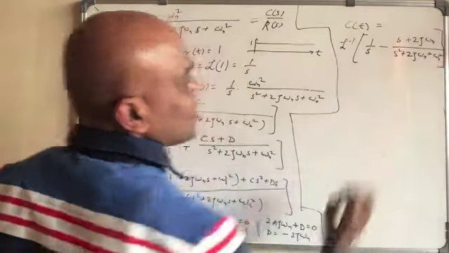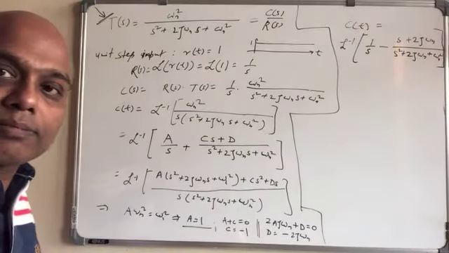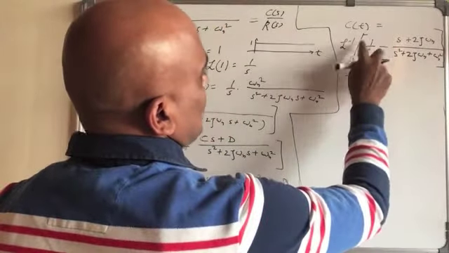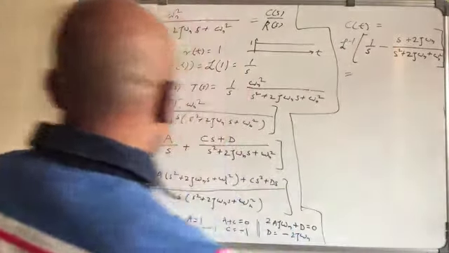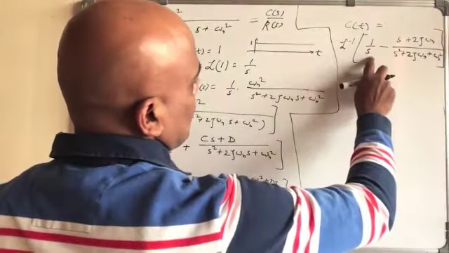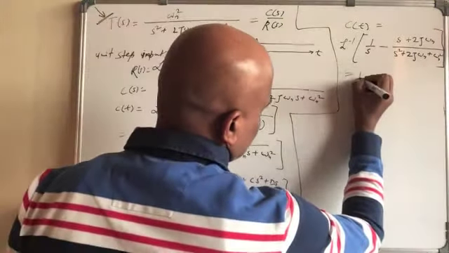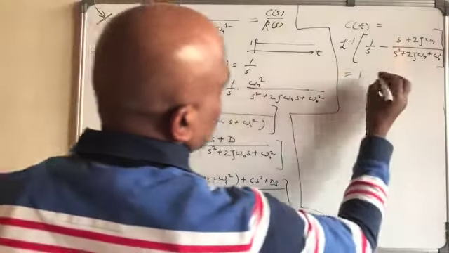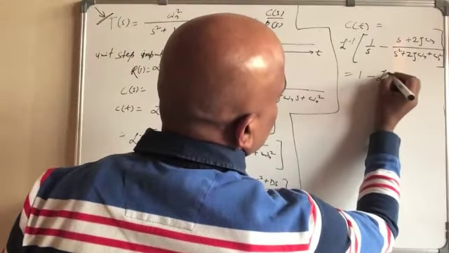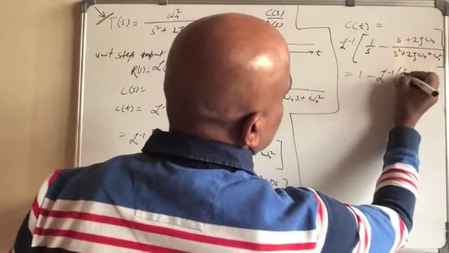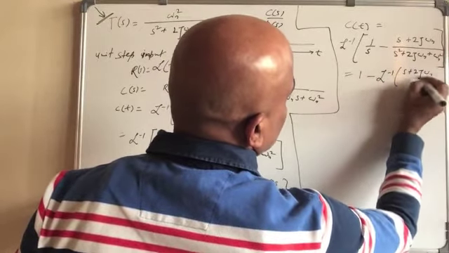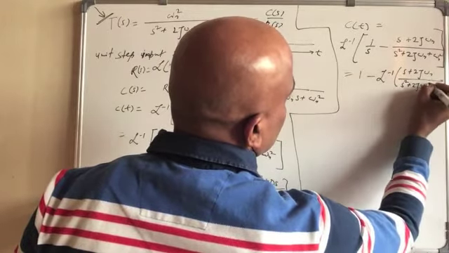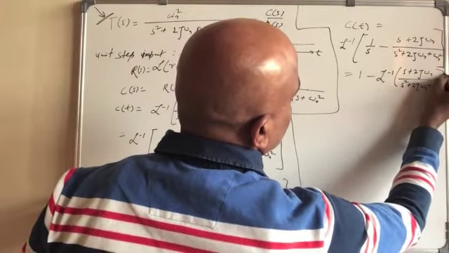So the answer we get equals L inverse of 1 over s, minus L inverse of the whole thing, s plus 2 zeta omega n divided by s square plus 2 zeta omega n s plus omega n square.